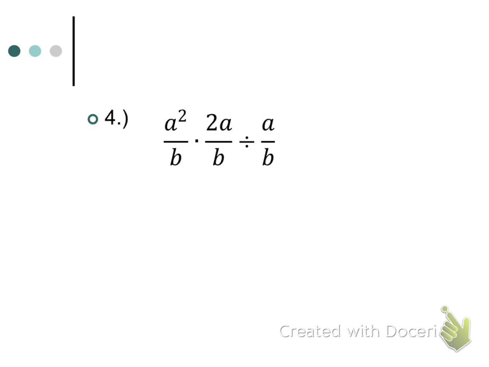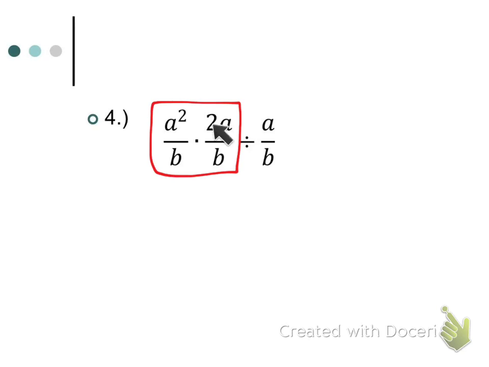Left side. We work from left to right. So we start over here, work our way through. So I would recommend just looking at this first. That's the first thing we've got to do, is deal with the multiplication. We'll deal with the division in a minute.